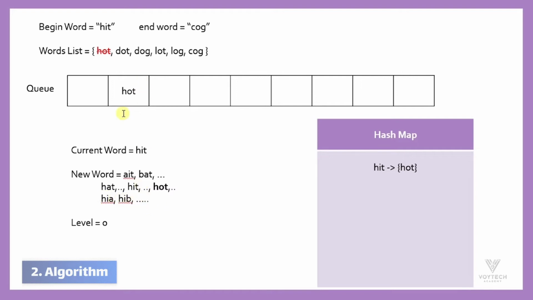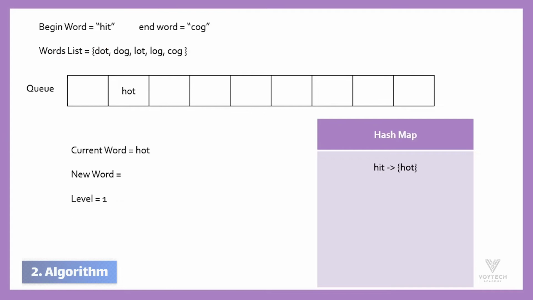So we're done here. So we're going to mark hot as visited. So we've already visited it. And after we move on to the next level, we're going to delete it from the words list because we've visited this node and we don't want to visit it again. So that's why we delete it from the words list.